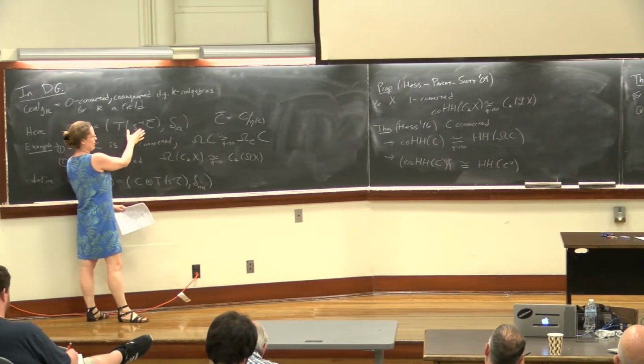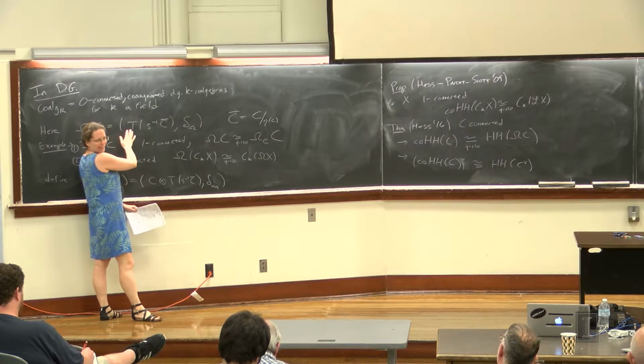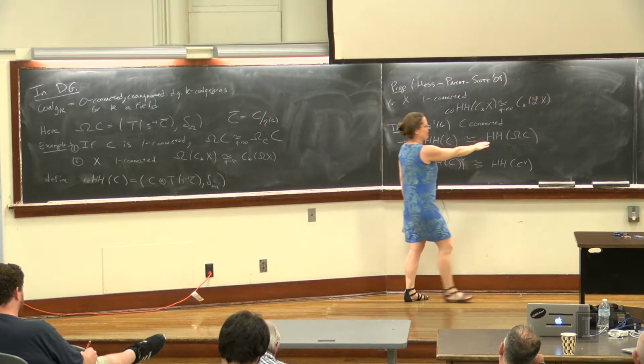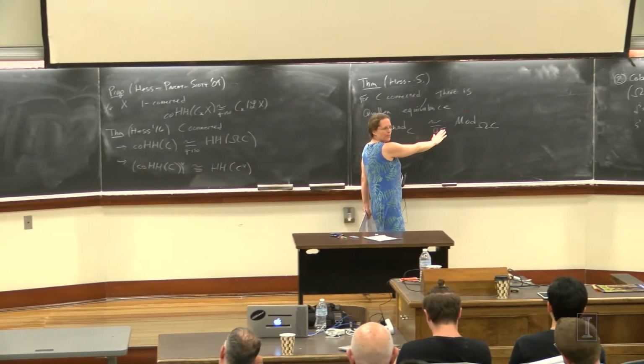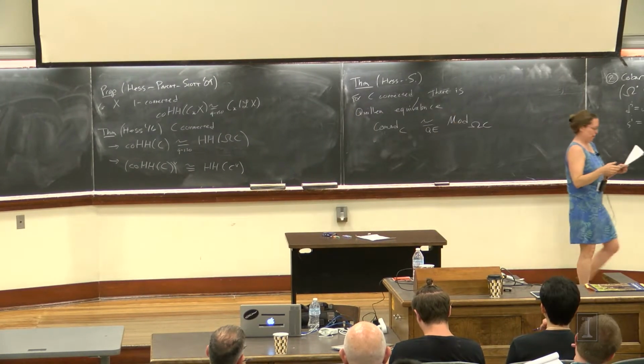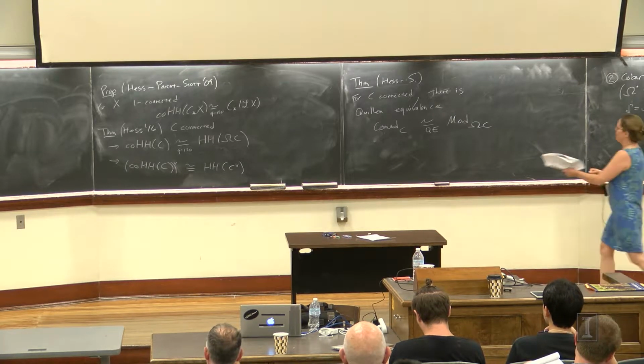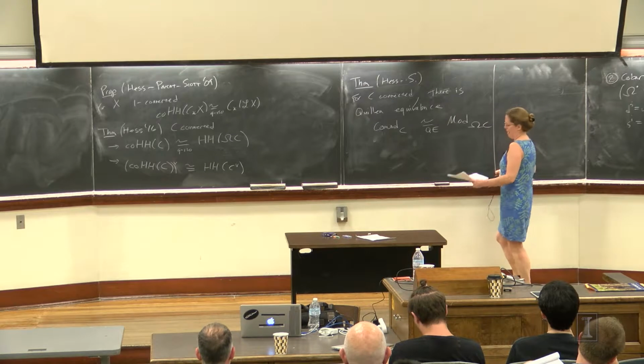Since I'm taking a tensor algebra here, my cobar construction does give me an algebra, right? So it makes sense to be talking about the Hochschild homology and to be talking about modules. I skipped over that. OK, so a little bit of background on this theorem.